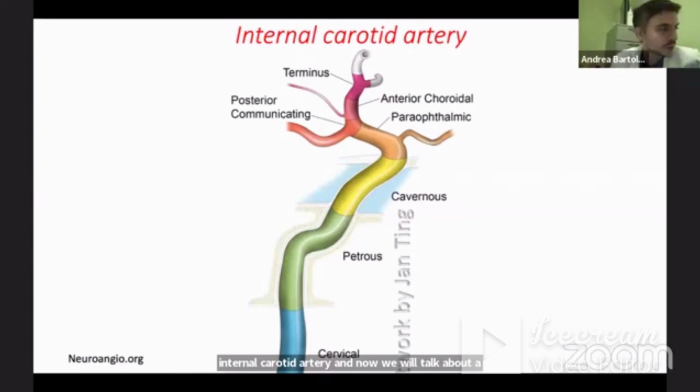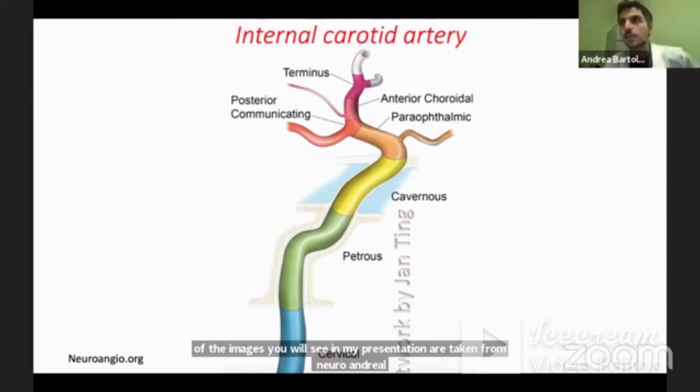Most of the images you will see in my presentation are taken from neuroangio.org. I recommend this site. It's a wonderful site about cerebral vascular anatomy.